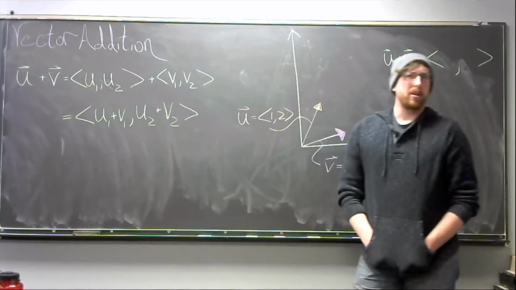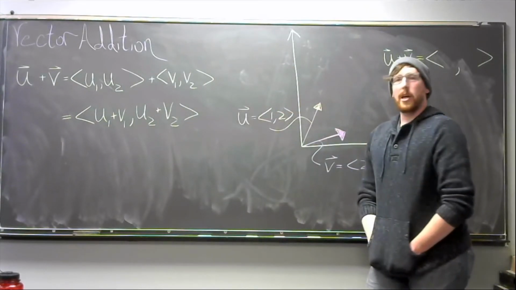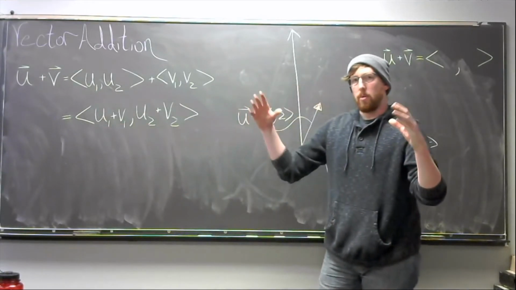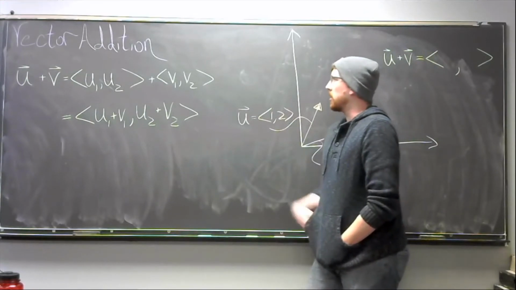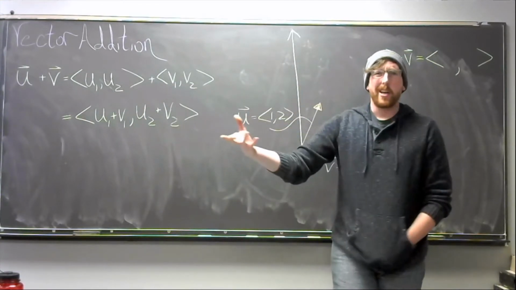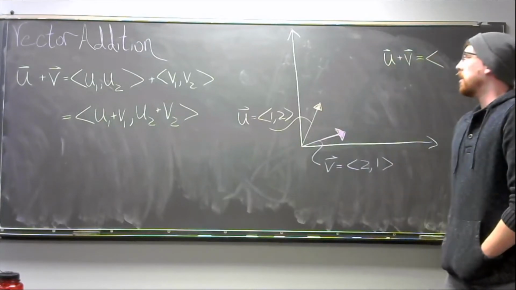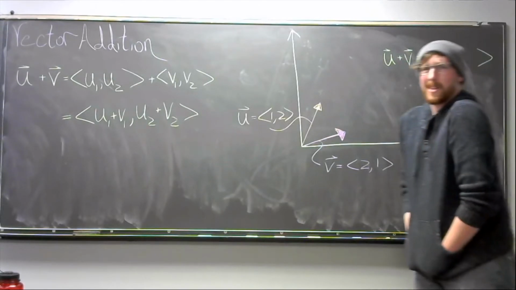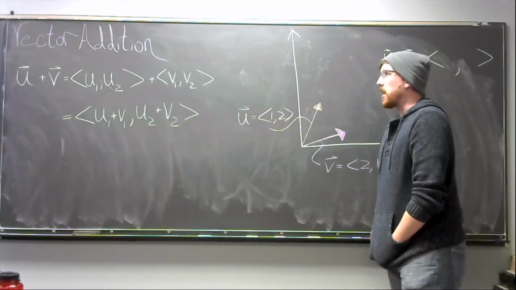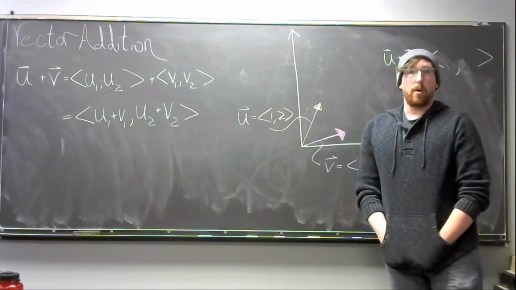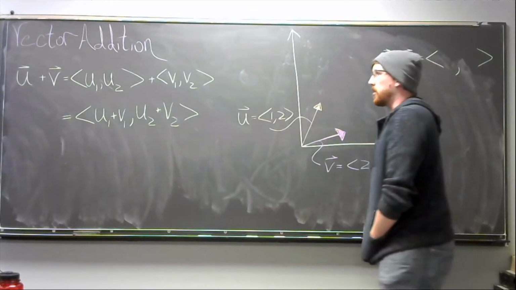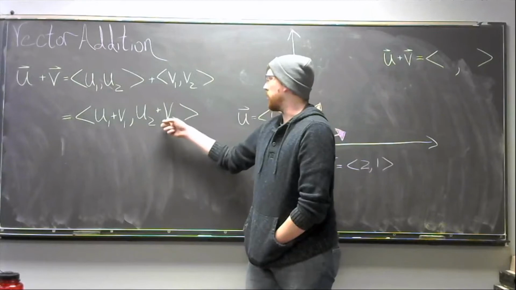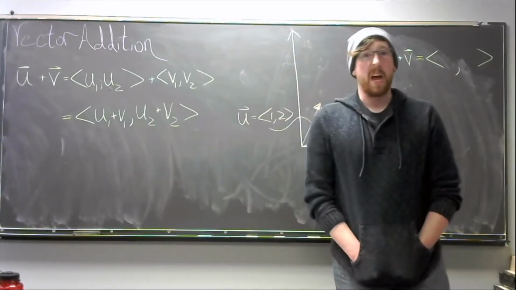Well, we can write out the vector u and the vector v in terms of their components: u1, u2 inside of those angled brackets, plus v1, v2, again inside the angled brackets. Then we just put them inside the same bracket. And we say the new vector formed by u plus v is the vector u1 plus v1, comma, u2 plus v2. We just add it component by component.